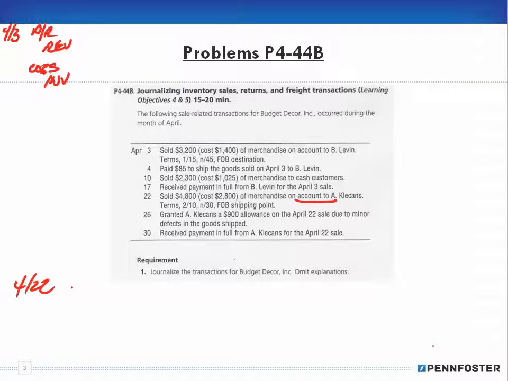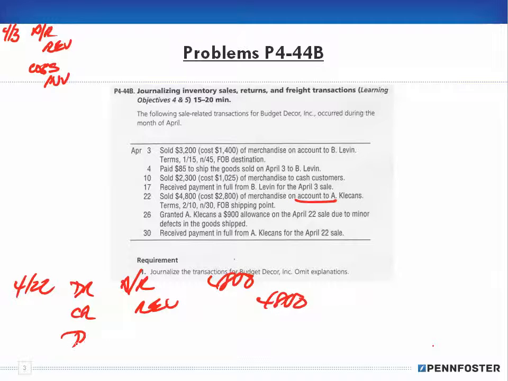We're going to debit our accounts receivable for the 4,800, and credit our revenue for 4,800. We have a debit to cost of goods sold because we're taking it out of inventory, and that amount is 2,800, and then we credit our inventory for 2,800.